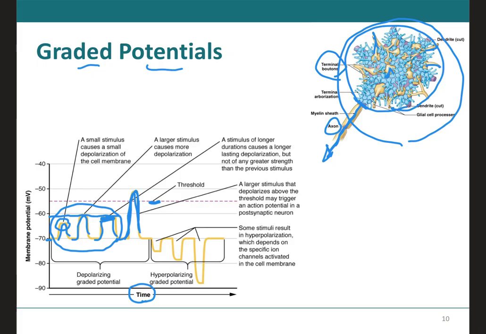potential. Now you can have other graded potentials that will do the opposite, so they will cause hyperpolarization. So it all depends on how many of that same stimulus you're getting and at what frequency you're getting this stimulus. And this will result either in an action potential to be excited and propagate, or it will result in an inhibitory response where that information stops at that neuron.